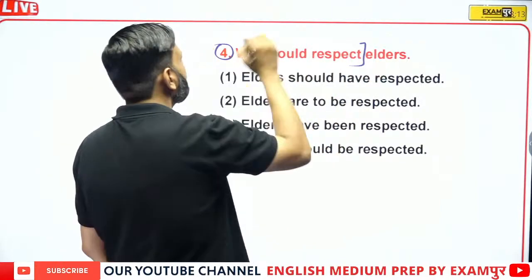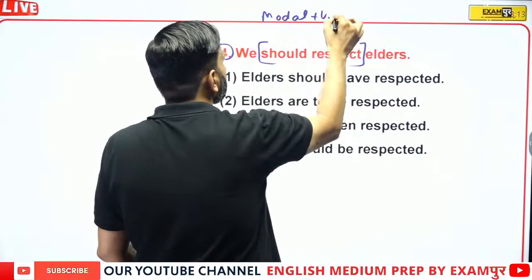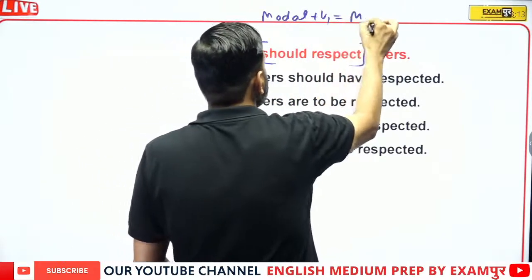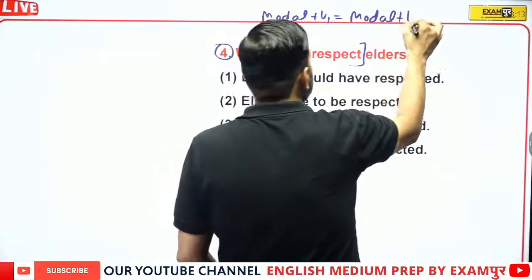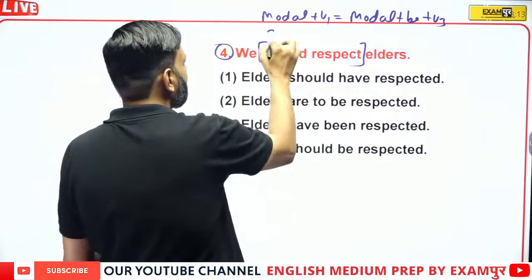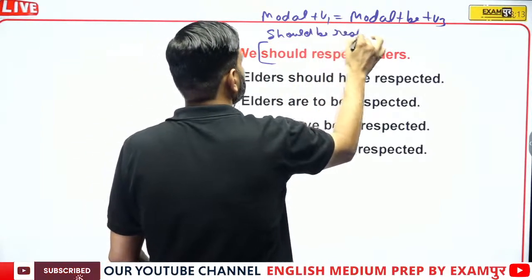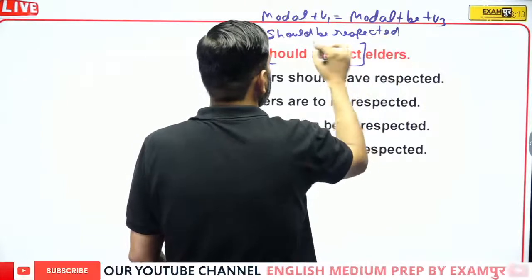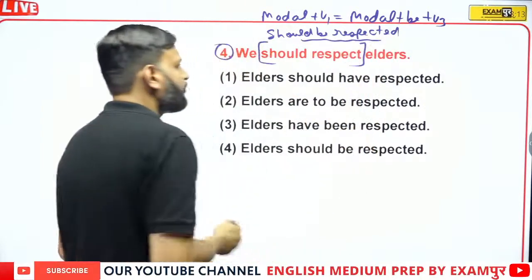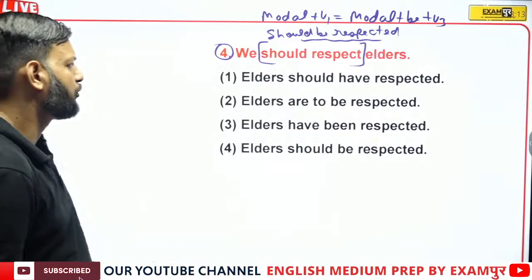So modal plus V1 should be changed into modal plus be plus third form. So should respect would become should be respected. So we have to now look for should be respected.